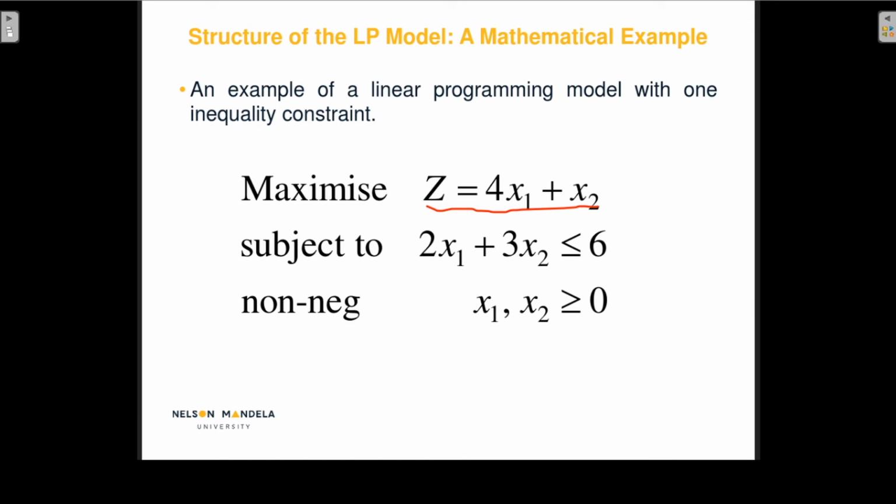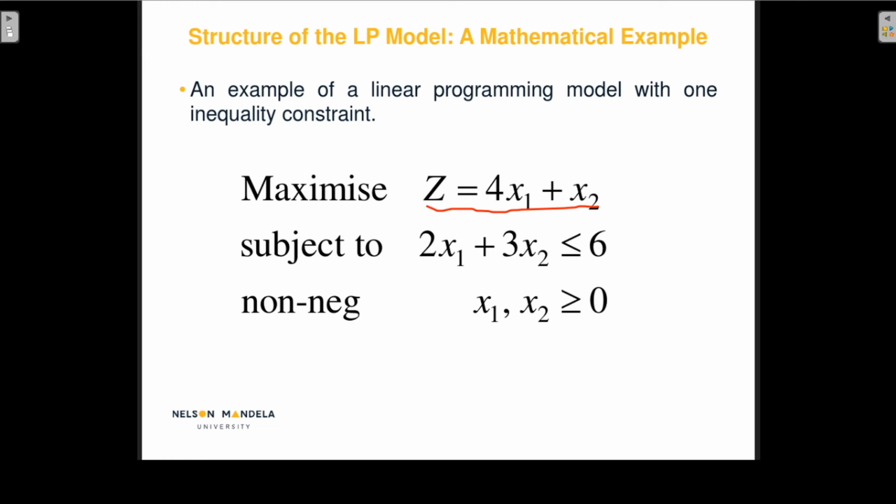Now I have some constraints. It's subject to 2x1 plus 3x2 less than or equal to 6. That's my first constraint. And then there's the non-negativity constraint, which means that my x1 and x2 must always be greater than or equal to 0. You cannot have a negative solution for your decision variables.